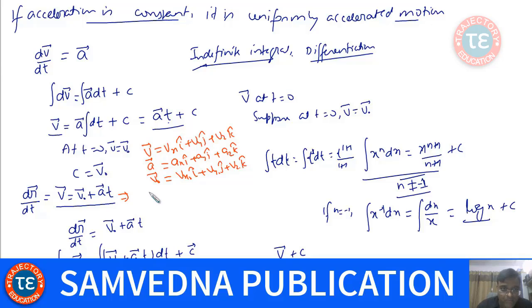So you'll get Vx is Vx naught plus axt, Vy is Vy naught plus ayt, and Vz is Vz naught plus azt.